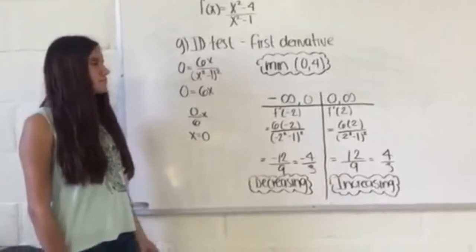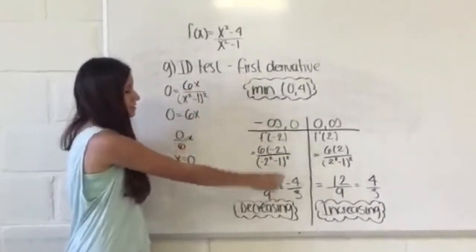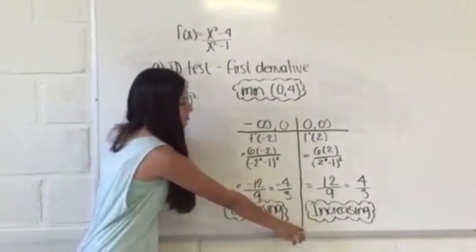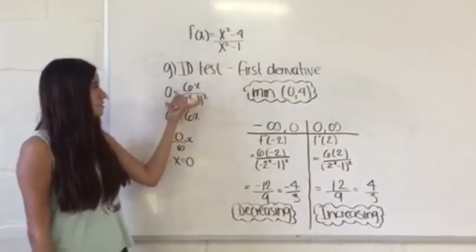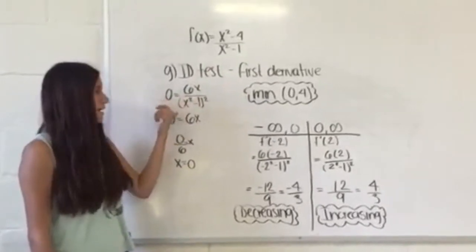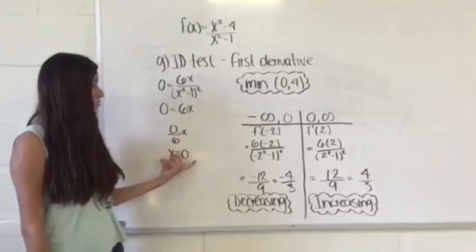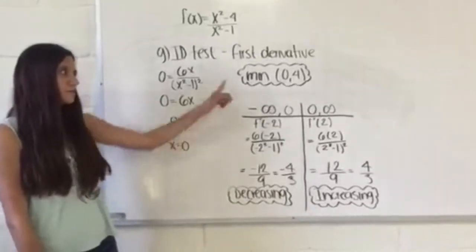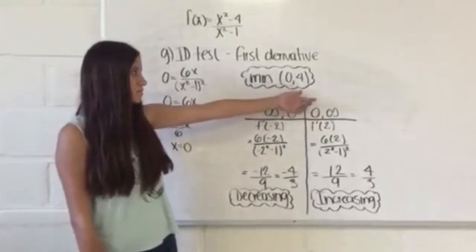At this point we have to calculate the critical points from the first derivative, and the increasing and decreasing intervals. We set the first derivative equal to 0, then isolate the x and obtain x equal to 0, and the minimum point is (0, 4).